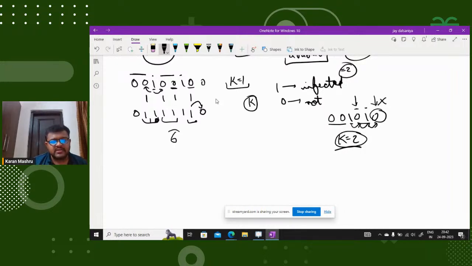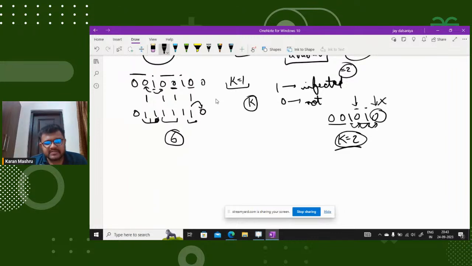So the output for this would be 6. Okay, is this clear?